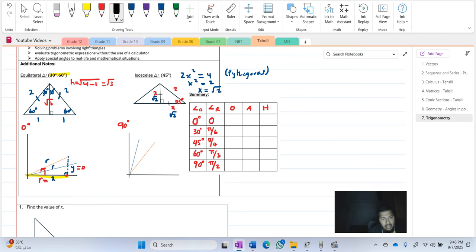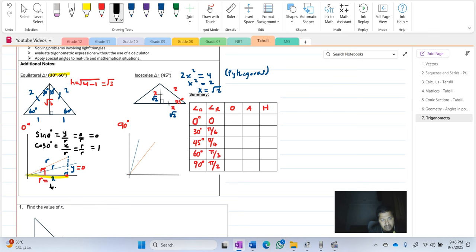Now if I ask you what is sine of 0, sine of 0 is opposite over hypotenuse, y over r. But y is 0, so you get 0 over r, which is 0. What is cos of 0? Cos of 0 is x over r. x is r, so we get r over r, which is equal to 1. What is tan of 0?